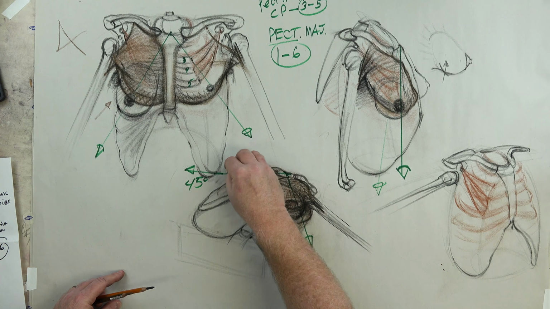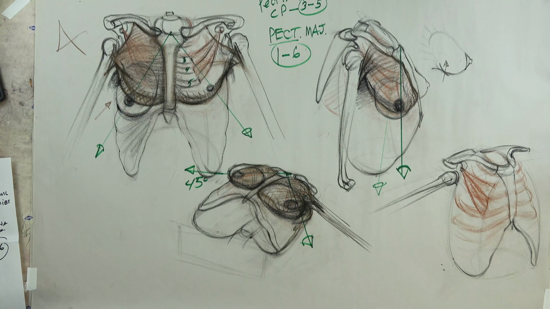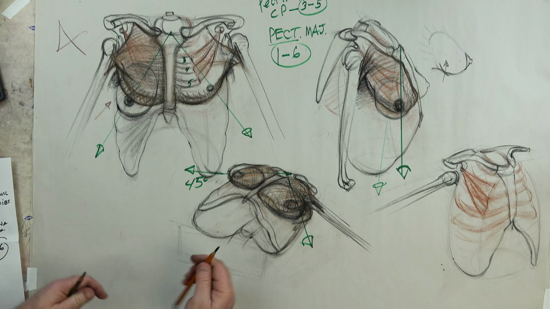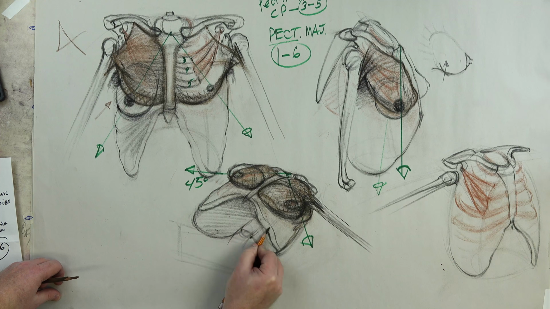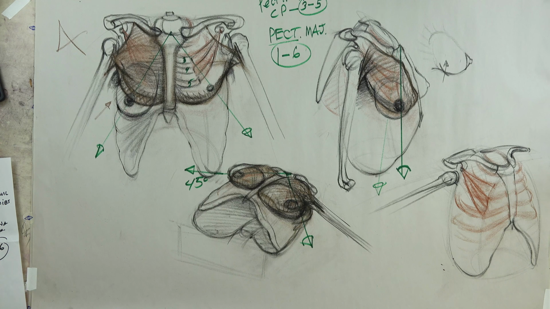Right. So let's go on now to our 3/4 view over through here, our last view. We can hollow this out a little bit. There we go. Have that hollowed spine coming through, vertebrae.